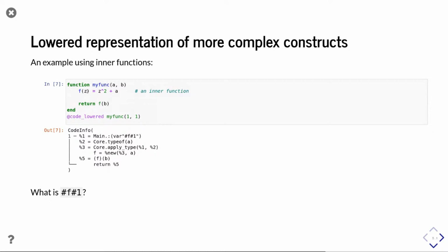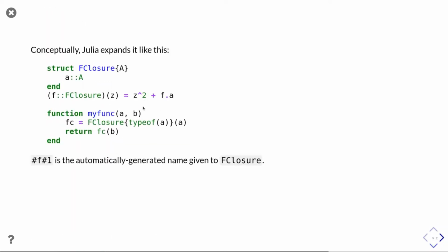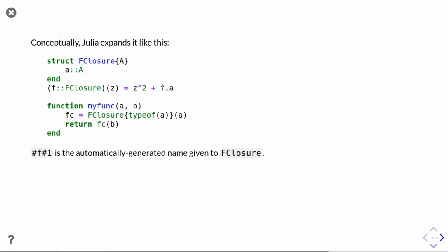So z is supplied as an argument to the inner function, but a comes from the scope of the parent function. What's happening here is it's getting that value from a struct that gets created to implement this specific inner function. The lowered code that you saw was just the lowered code for this part here. It was creating the closure object and filling that field with a, and then calling the closure object on the argument that was being supplied and returning that to the user.